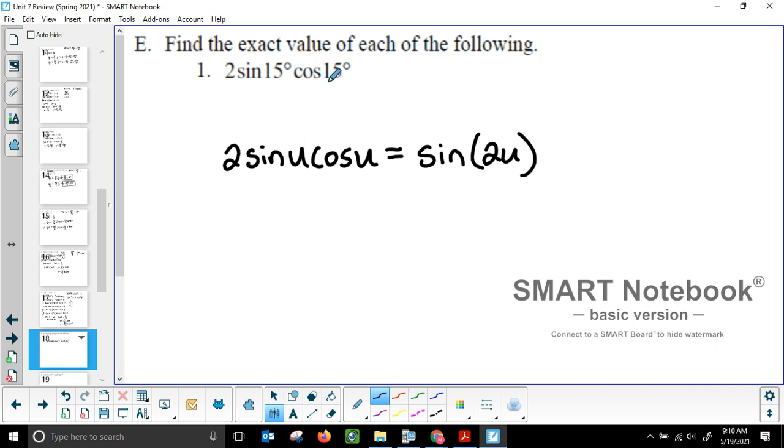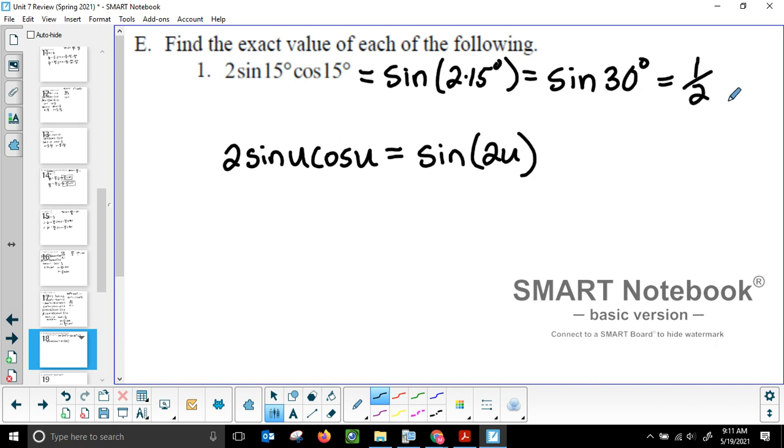So what's my u in this particular problem? 15. So this is equal to sine of 2 times 15 degrees, which is equal to the sine of 30 degrees. So you just look at the unit circle and say, oh, that's 1/2. And we're done.